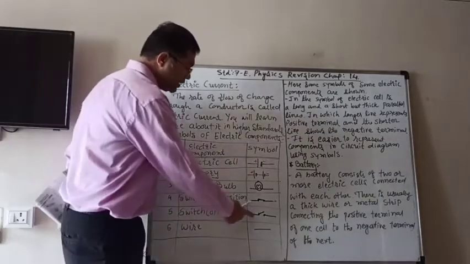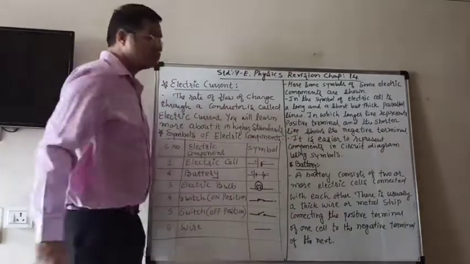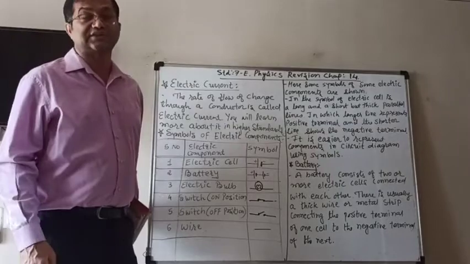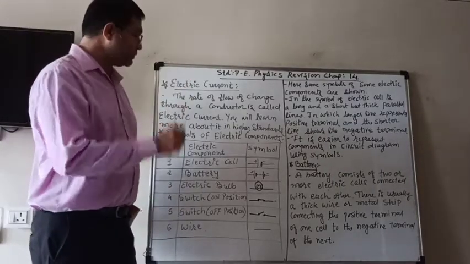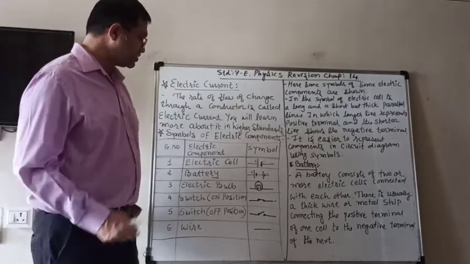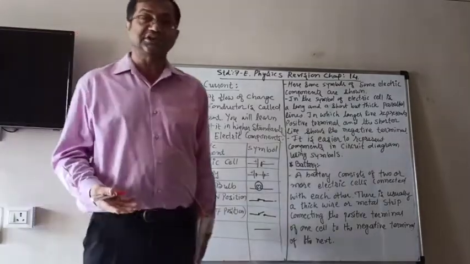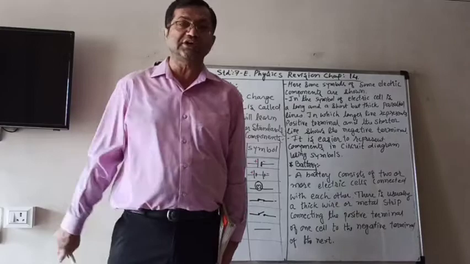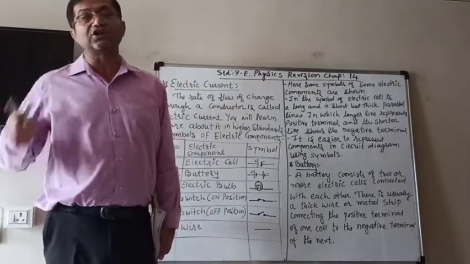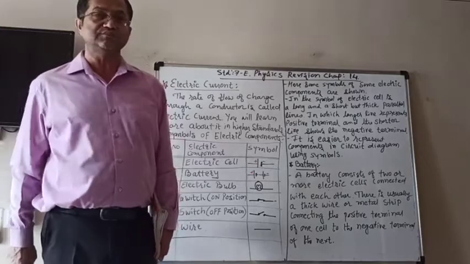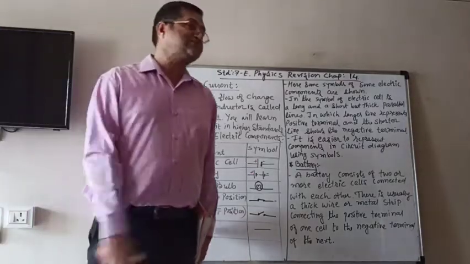And in the off position, one end is not connected. A little up, there is a gap between the two terminals, and it means that the switch is in the off position. And when the switch is in the off position, the electric circuit does not complete and the current cannot pass through that circuit. So it is known as an open circuit.